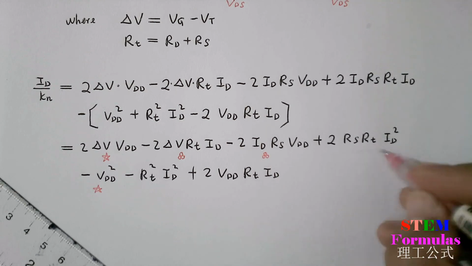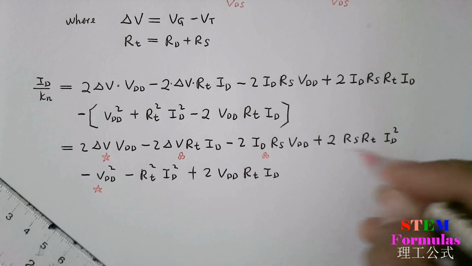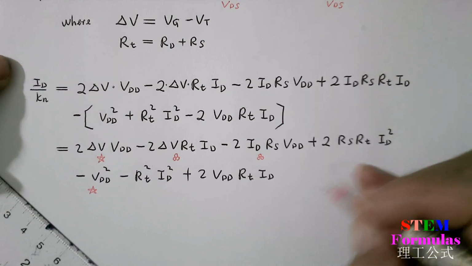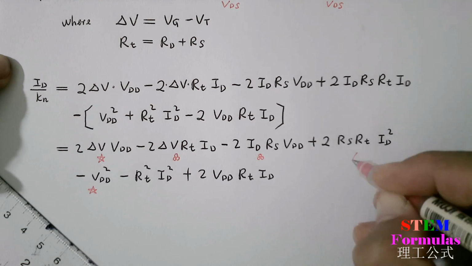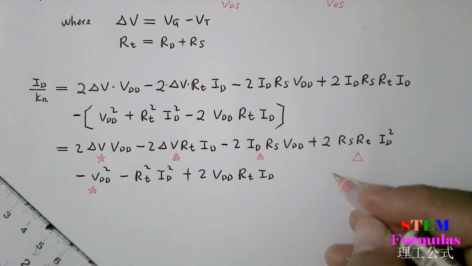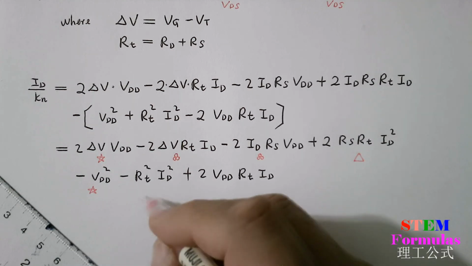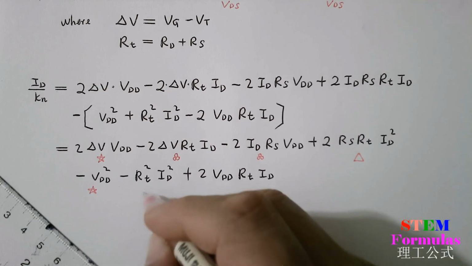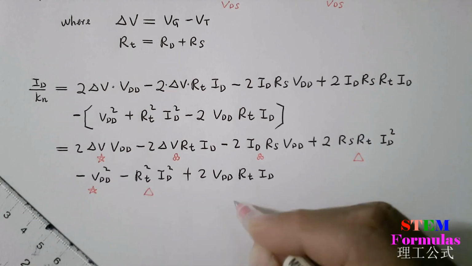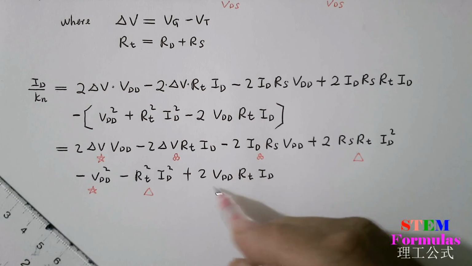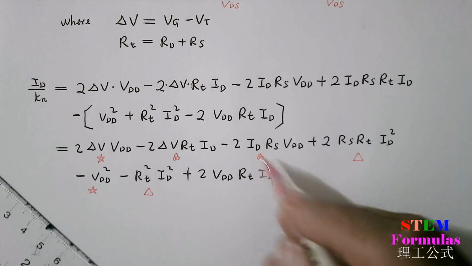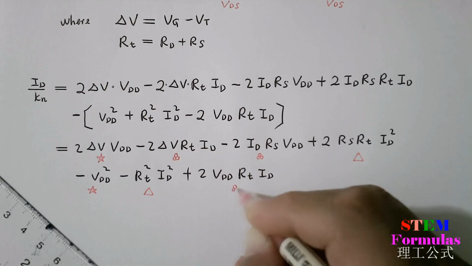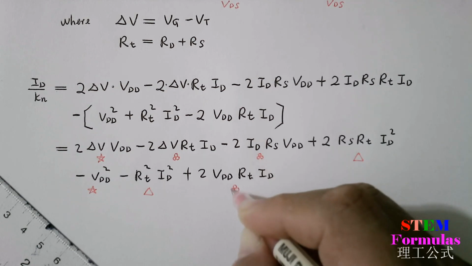And this term I write down as triangle term. Because this is an ID square and this also has ID square, I write down as triangle. And this one, a linear term of ID, I write the same symbol as this.